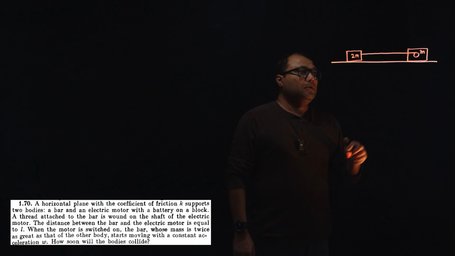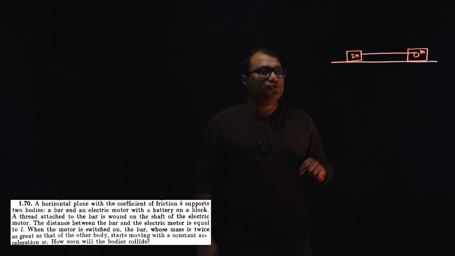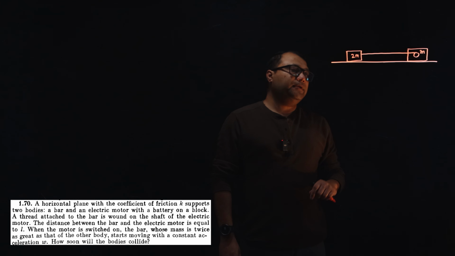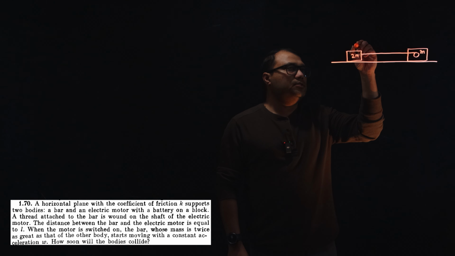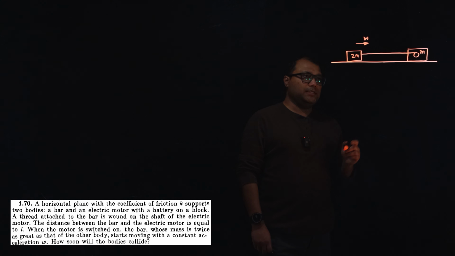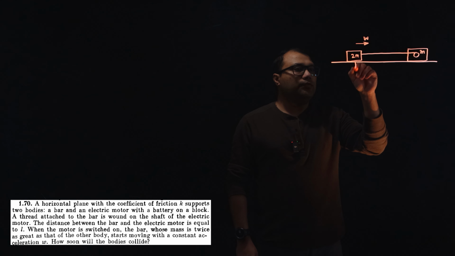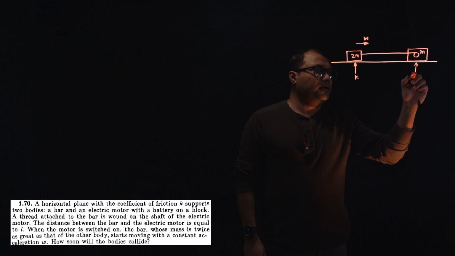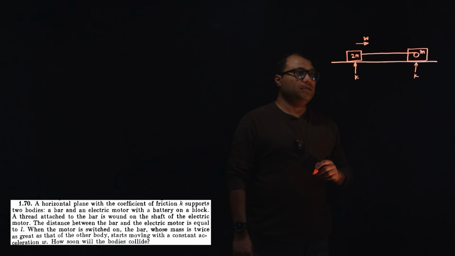Okay, this battery is switched on, it starts to wind up this attached thread, and this guy starts moving with a constant acceleration W towards it. The coefficient of friction here is given as K, so some friction is there.